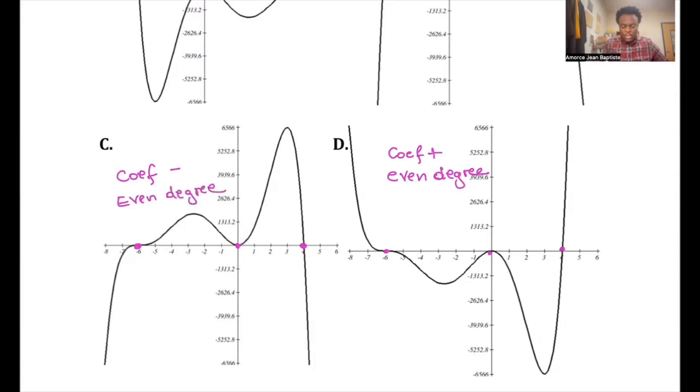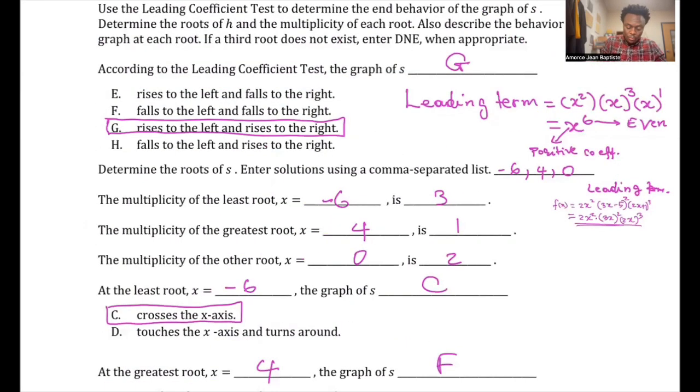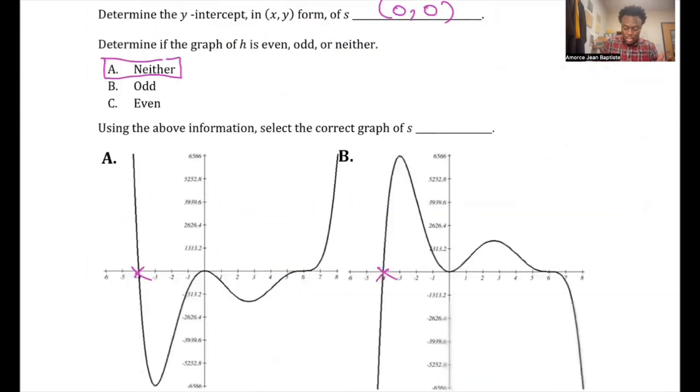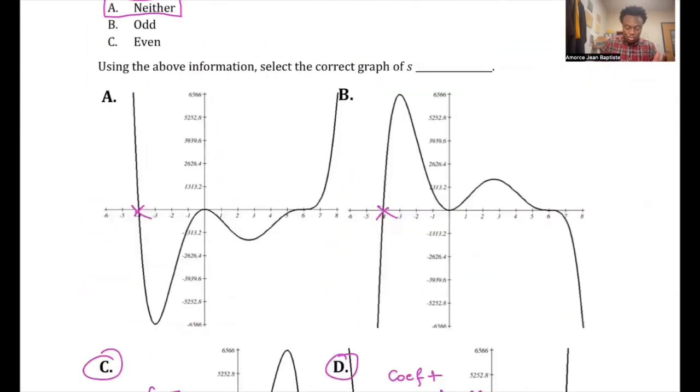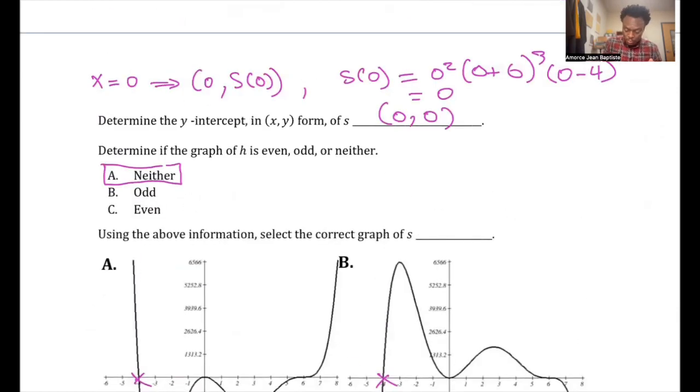That's why you see both sides fall. For C, it falls on the left and falls on the right. And for D, it rises on the left and rises on the right. And I believe that's what we had as the end behavior for the function, rises on both sides. So that makes D the correct answer.